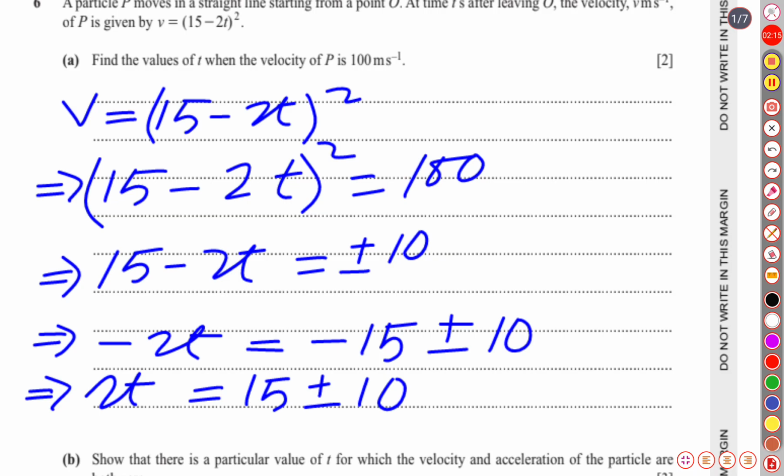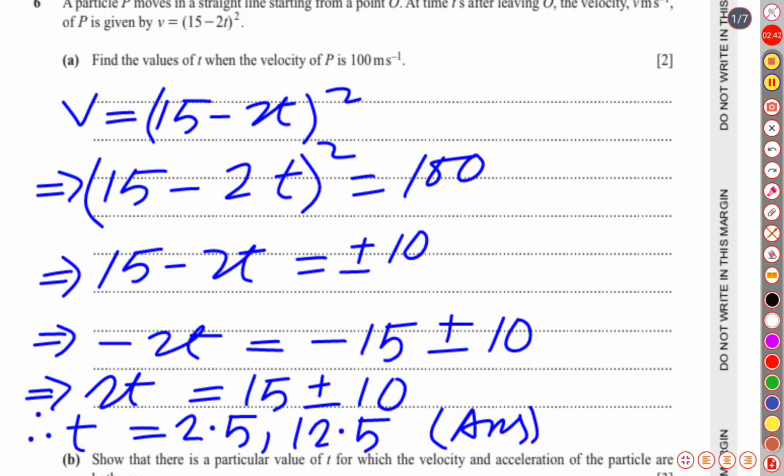If we divide 25 by 2, our t is 12.5. Let us take the smaller value first. If we subtract 10 from 15, it is going to be 5. If 5 is divided by 2, it is 2.5, and the second value is 12.5 seconds. So these are the two values of t.